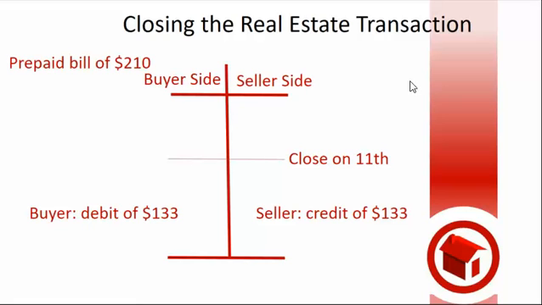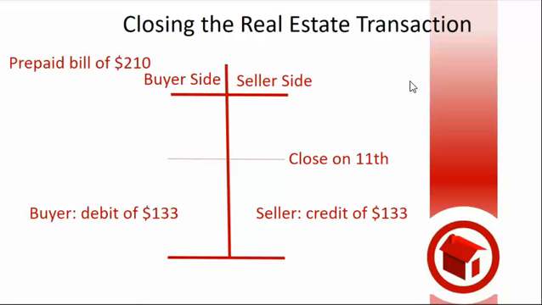And it's $210. This is a monthly bill. We close on the 11th of the month. There's 30 days in this month. You've got the buyer on this side over here and the seller on this side.